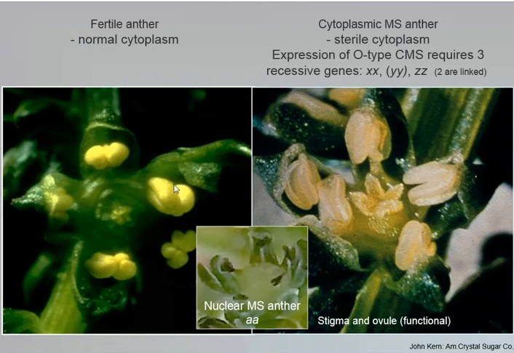So here's a fertile flower, and this would have maybe what we'd call a normal cytoplasm. And I just want to contrast that with the cytoplasmic male sterility. So this, in a sterile cytoplasm, the O-type CMS, or if you're a red beet breeder, this would be an AB type of CMS system, requires 3 genes in a recessive state. Okay, X and Z are usually how we talk about them, but 2 genes are linked.